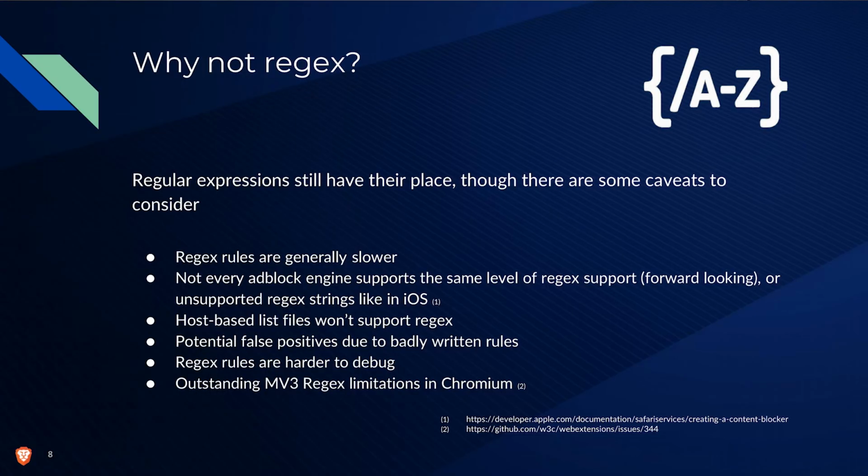And the option is, why not regex? Regex is good, but there are also problems with regex. It's harder for an ad blocker to parse a regex than a non-regex rule. iOS has its own regex limitations, and obviously doesn't support all the regex options available to us, especially in MV3.